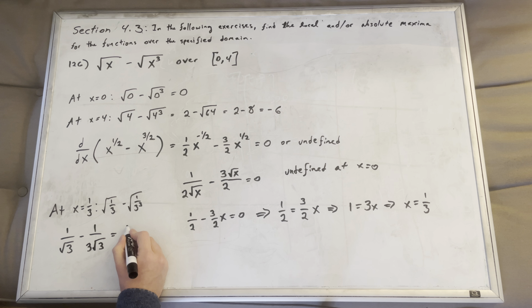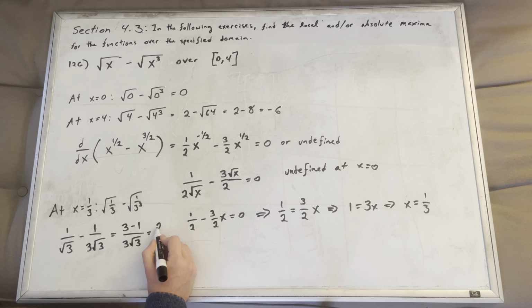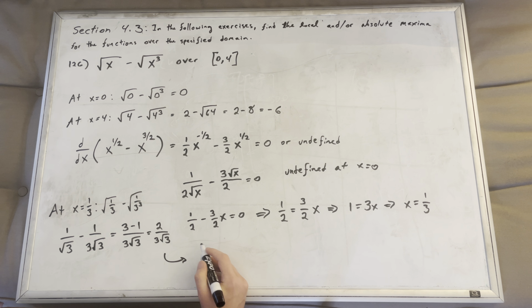Simplifying even further, this becomes 3 minus 1 over 3 square root 3 just by combining the two fractions. So ultimately you get 2 over 3 square root 3, and then by rationalizing the denominator, the final result is 2 square root of 3 over 9.